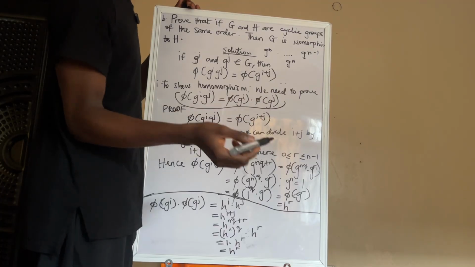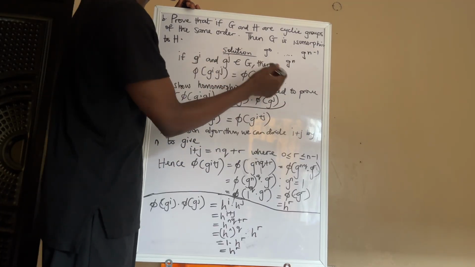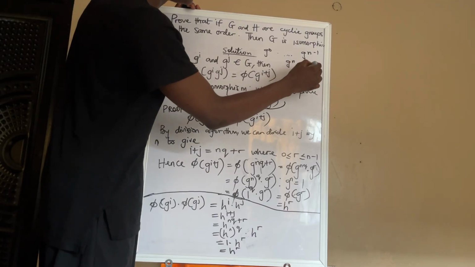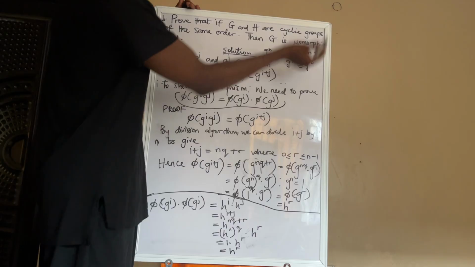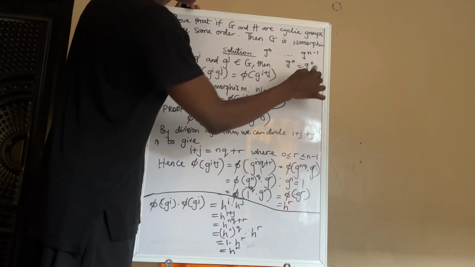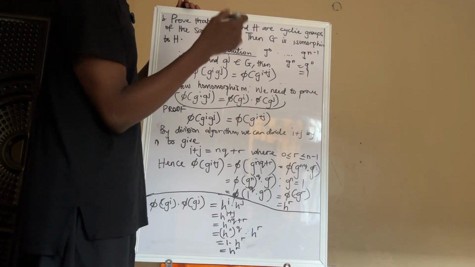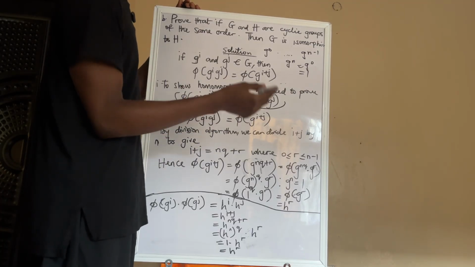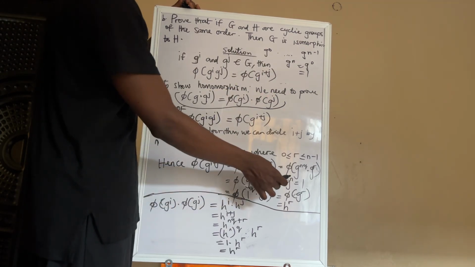But because it's a cyclic group, it starts all over again, so g^n is equal to g^0, because the group has ended here. The next term is the identity, which is equal to 1. So in every cyclic group, whenever you raise the generator to the power of the order, it has to give you the identity. That's how we know that g^n is equal to 1.